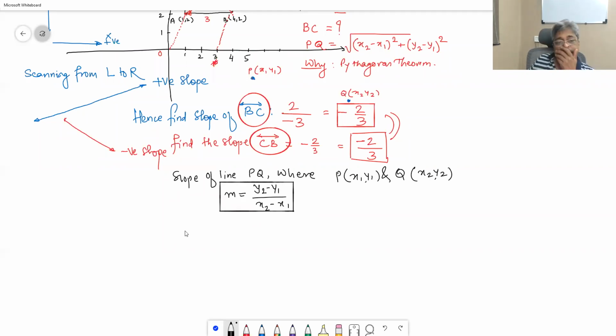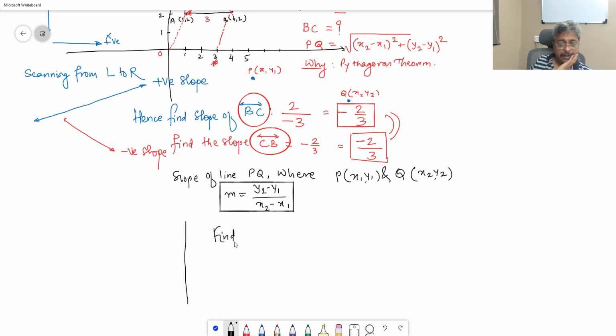Now, the moment I define slope, I need to be a little careful, because slope is a ratio. What do you think will be the slope of the line?